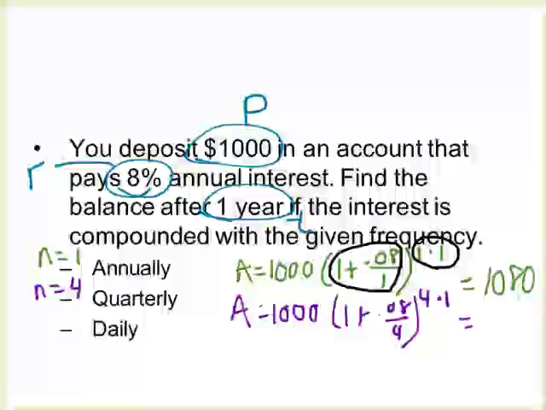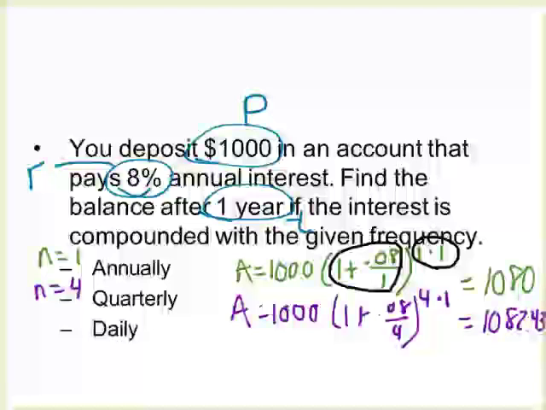Yes? Why would they do that instead of just giving you $80 every year instead of giving you 20? It's not going to be 20 every quarter. So when we type this all in, we get, let's see, $1,082.43.